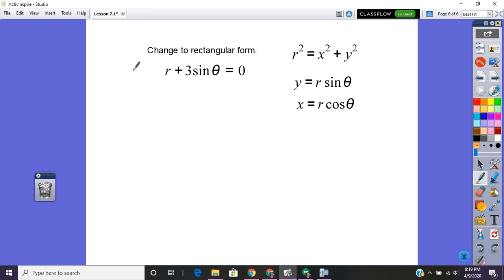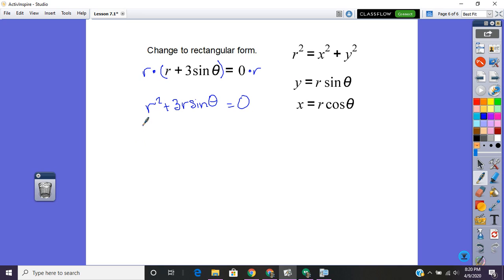In order to do that, I'm going to take this side times r, which means I need to take this side times r. But we all know that 0 times anything is 0. Okay, on this side, let's distribute the r. So we'd end up with r squared plus 3r sine theta. Now things are looking kind of familiar.